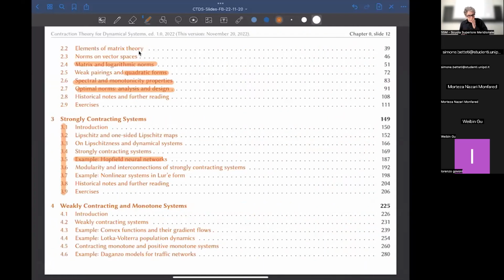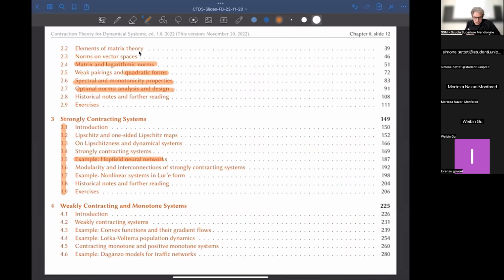Then the chapter contains multiple sections. Each chapter has a historical section with additional references, and there are also some exercises. Right now I have the solutions to the exercises in the text. A couple of years from now, I'm going to remove those solutions and I will assign them.